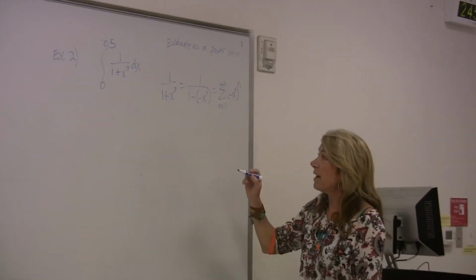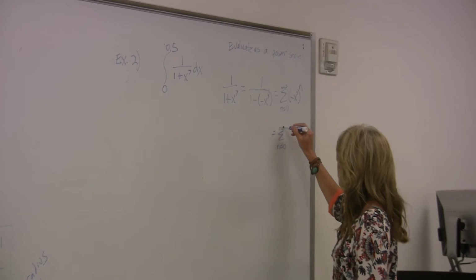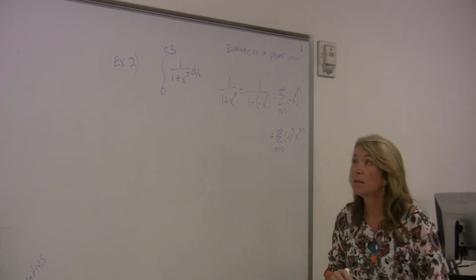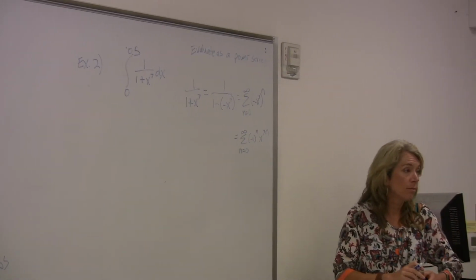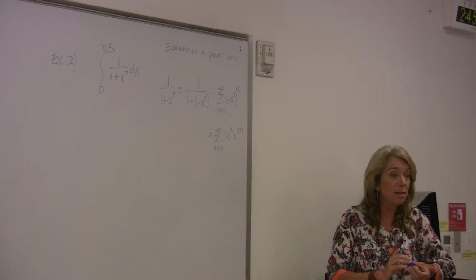And then if I simplify that, that's negative 1 to the n, x to the 7n. So that's just rewriting my function as a series.